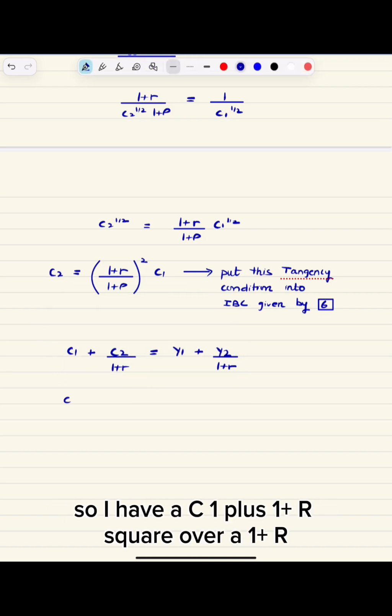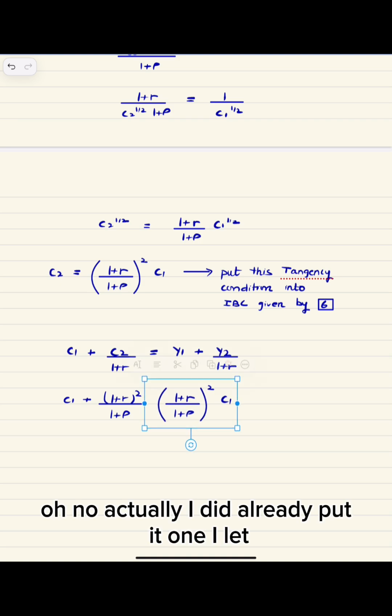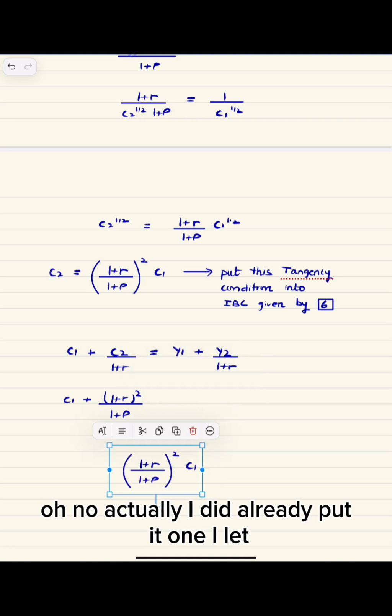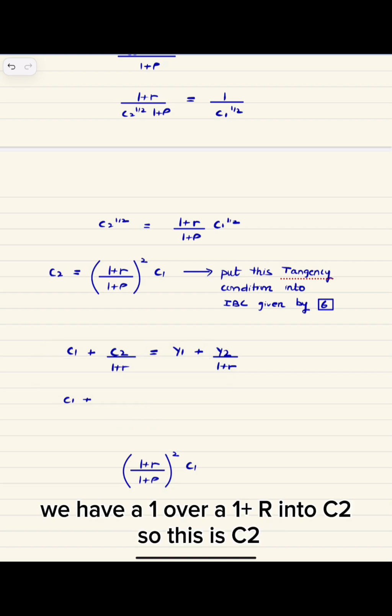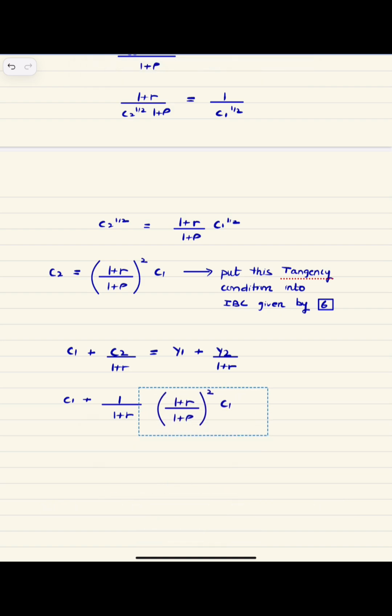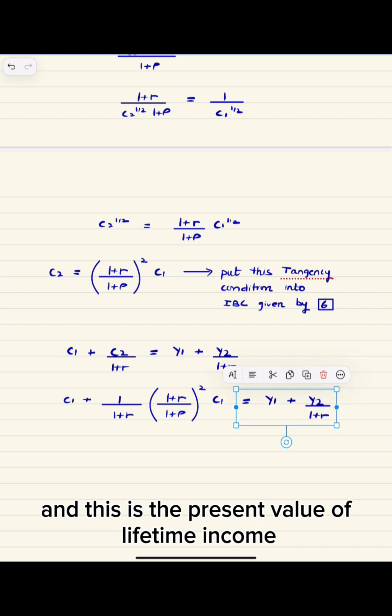So I have c1 plus ((1 + r) squared over (1 + rho) squared) into this. Oh no, actually I did already put it in, and let me fix this. We have 1 over (1 + r) into c2, so this is c2, and this is the present value of lifetime income.